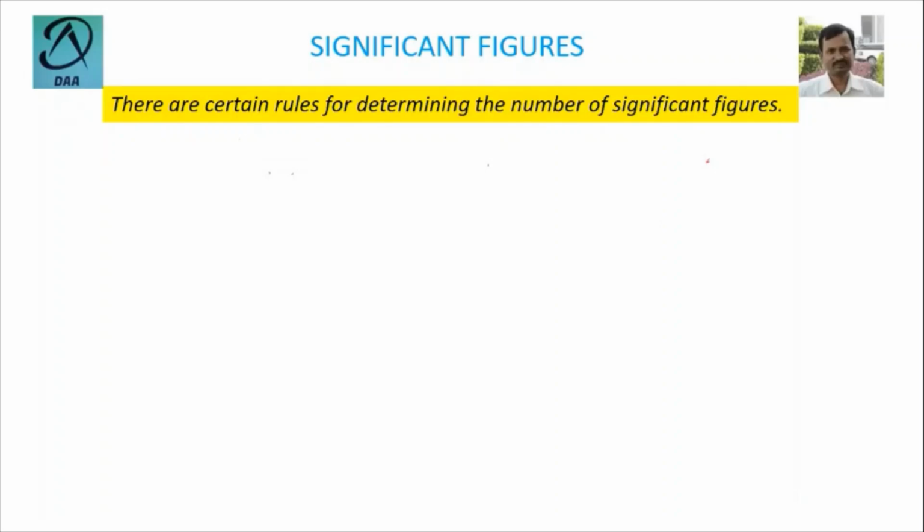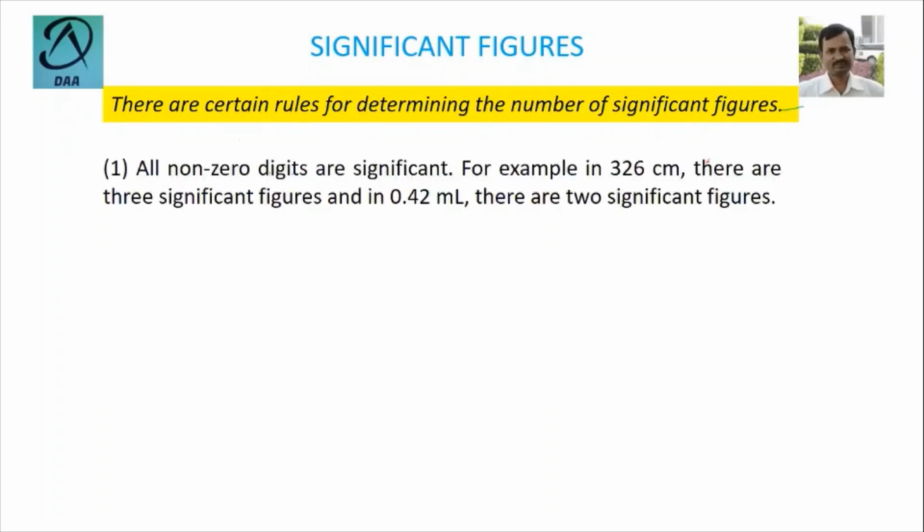Now, there are certain rules for determining the number of significant figures that we will explain. There are 5 points. Number 1: all non-zero digits are significant. For example, 3.26 centimeter.